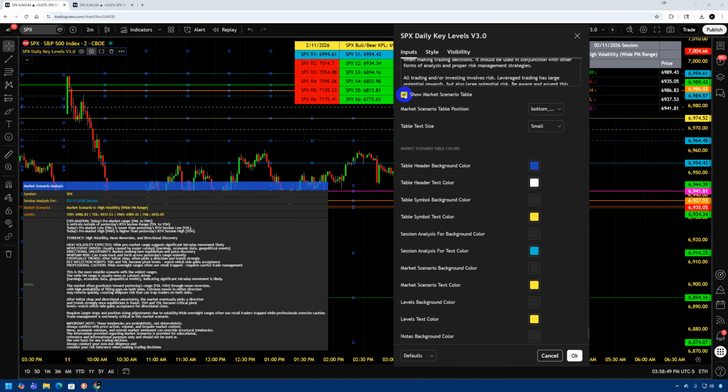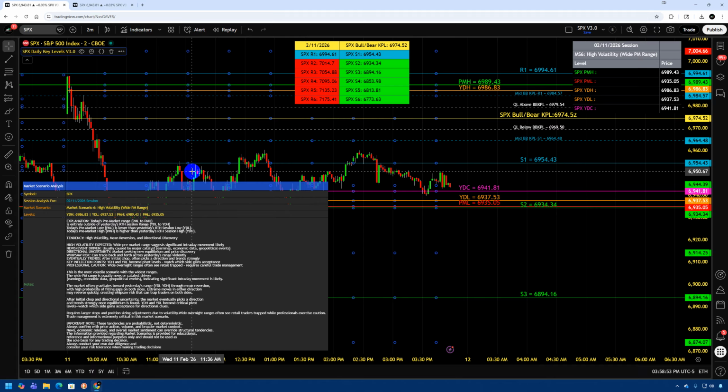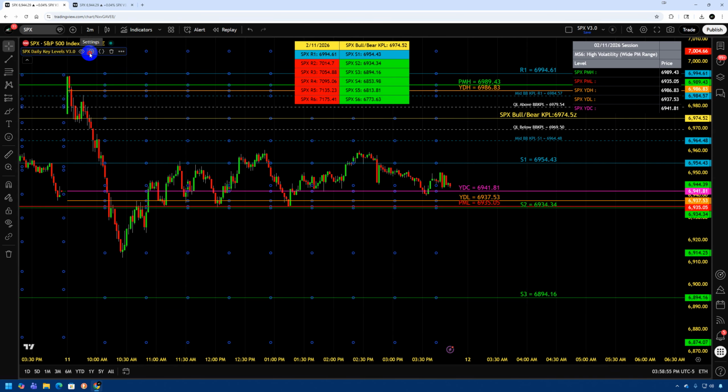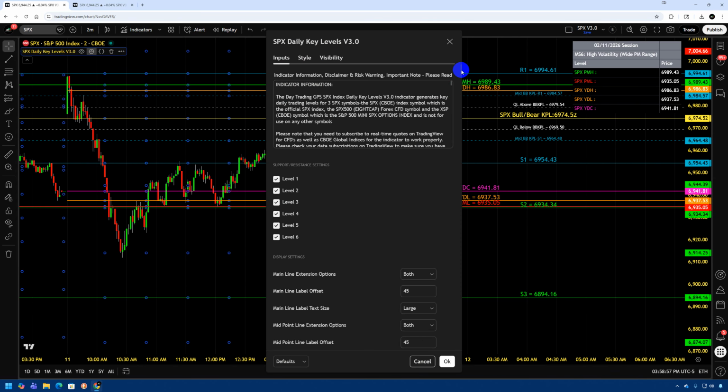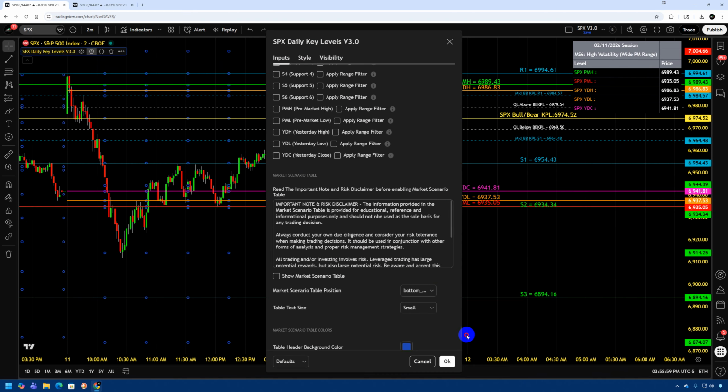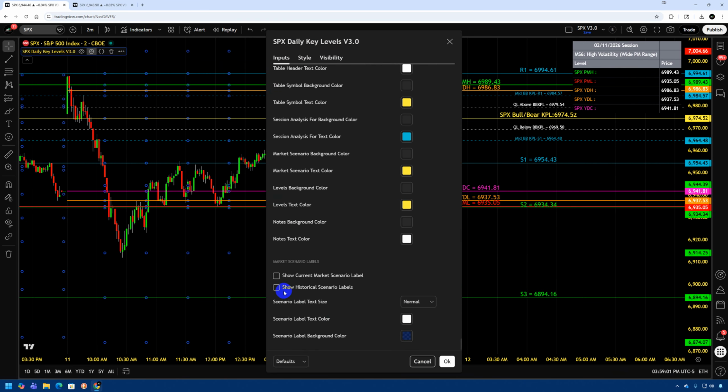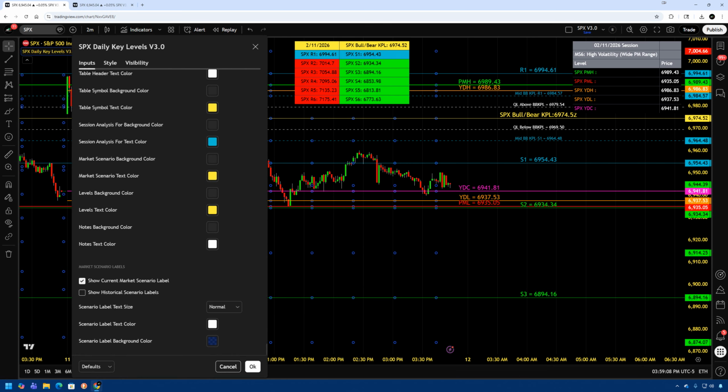Now we're going to show the other methods that you have for showing the market scenarios. You also can show the market scenario via a market scenario label. So if you turn that on, let's say as an example you didn't have this here, you prefer to have your chart with this off for some reason.